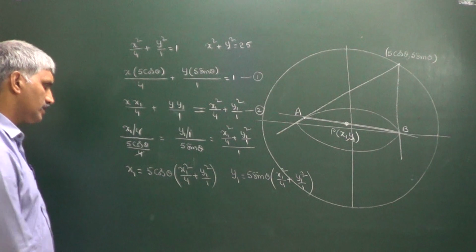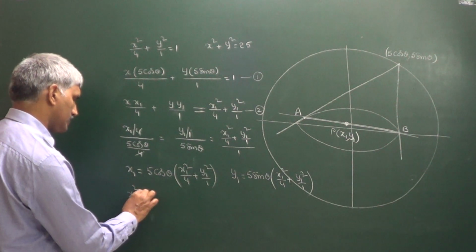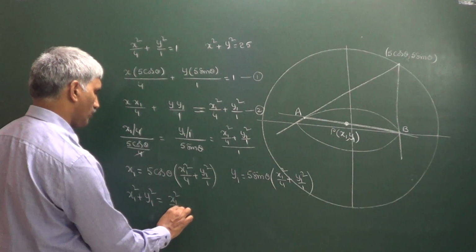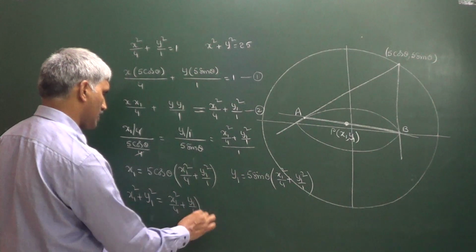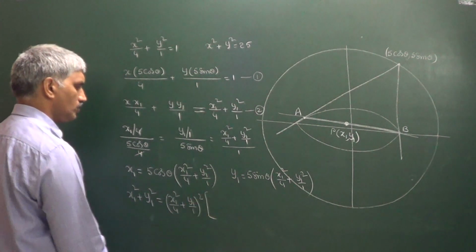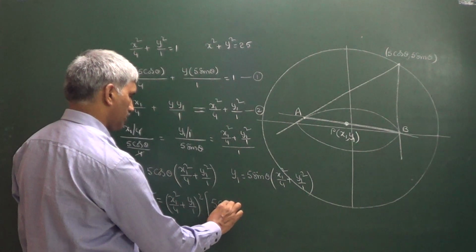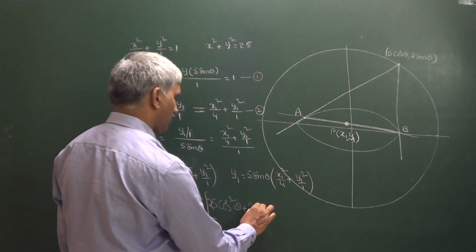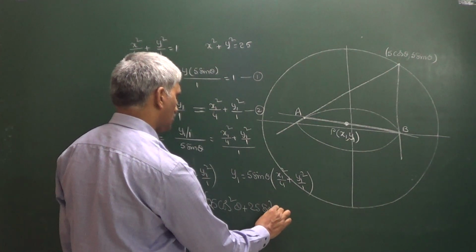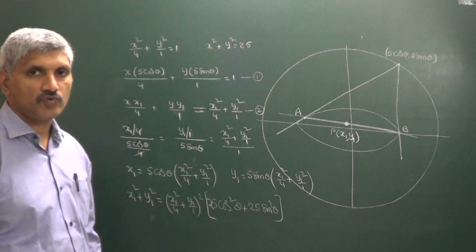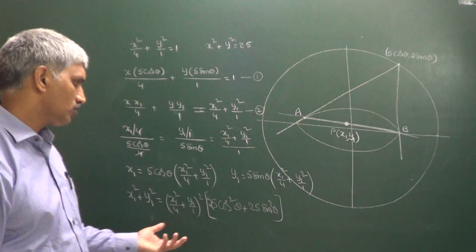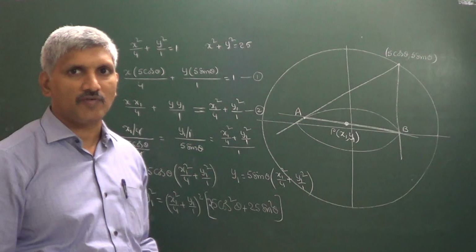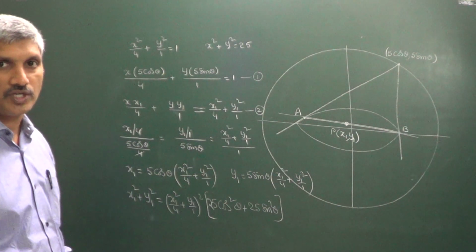Now squaring and adding, we get x1 square plus y1 square equals x1 square by 4 plus y1 square by 1, whole square, into 25 cos square theta plus 25 sin square theta. Now if you take 25 common, cos square theta plus sin square theta equals 1. So for the locus equation, in place of x1 y1 we write x comma y. You will get the required locus equation, right?